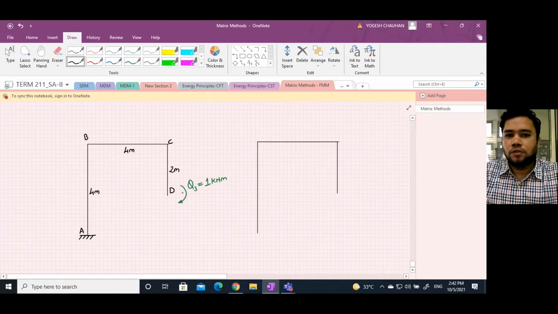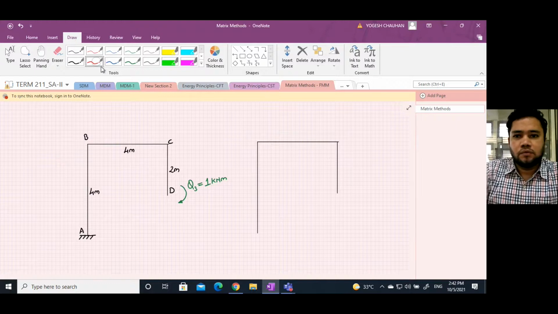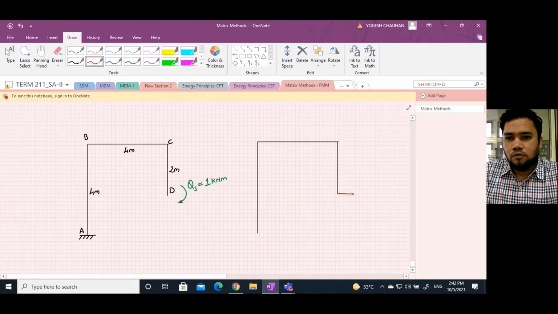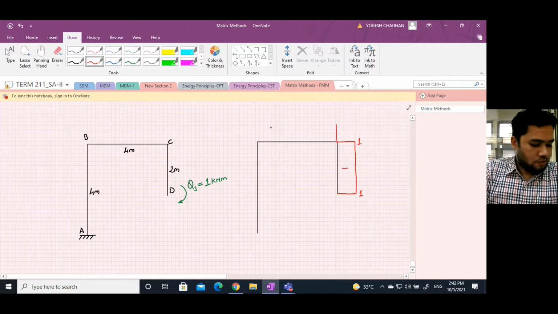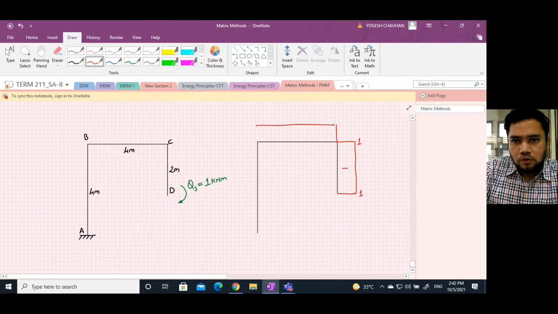Because of this 1 kilonewton meter moment, there will be a hogging moment in member CD. So this will be minus 1, and the same will be carried forward to this member also. This is 1, and it will be the same throughout.